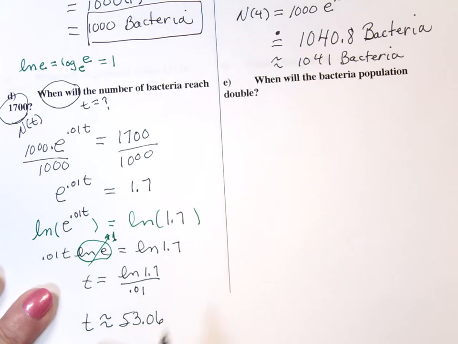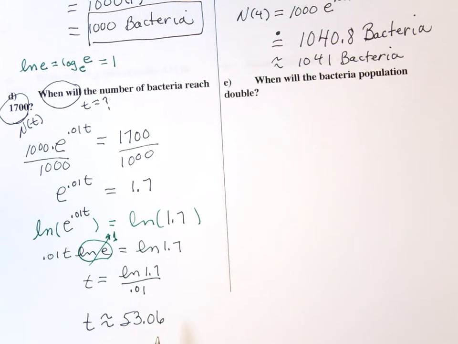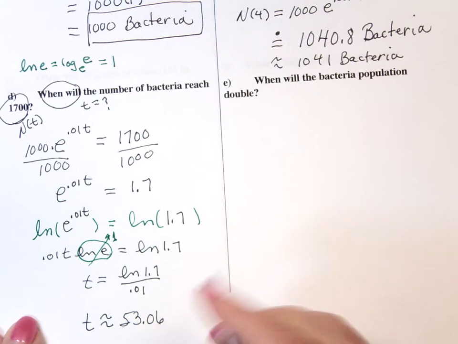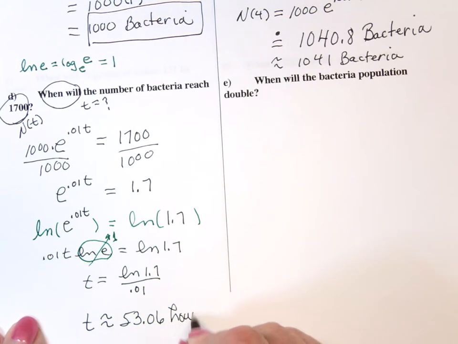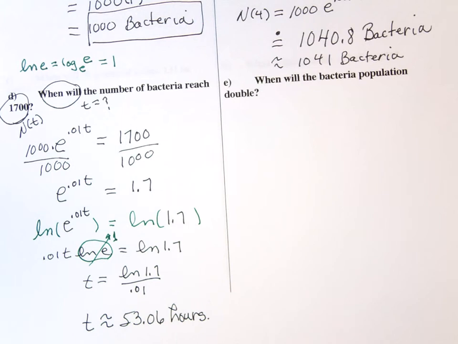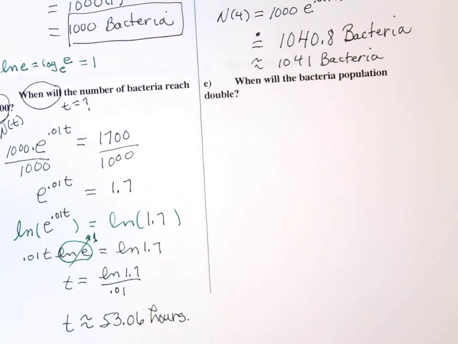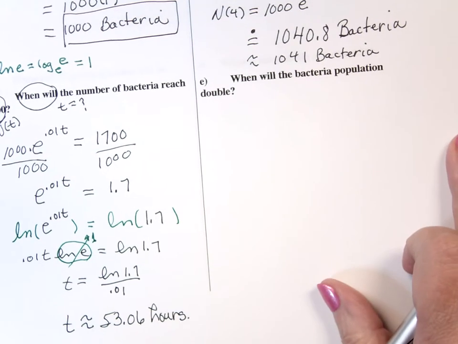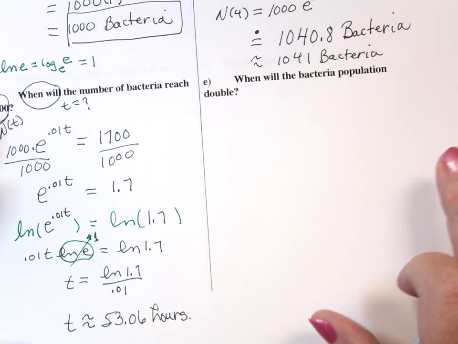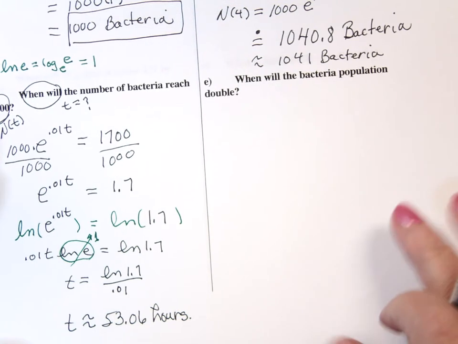I'm finding t. What does time t represent? Time. So it would be hours. Very slow growing bacteria. Well, it depends upon the bacteria. Could be a good bacteria. There are things called good bacteria. But if it's a bad bacteria, you want it slow. If it's a good bacteria, you might want it faster.